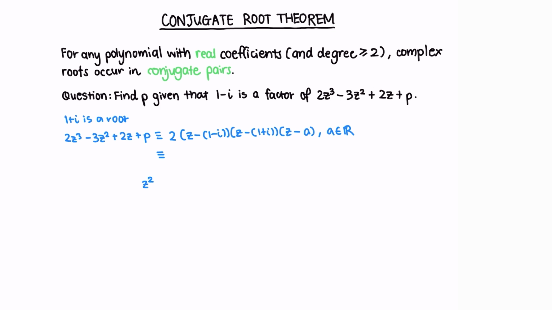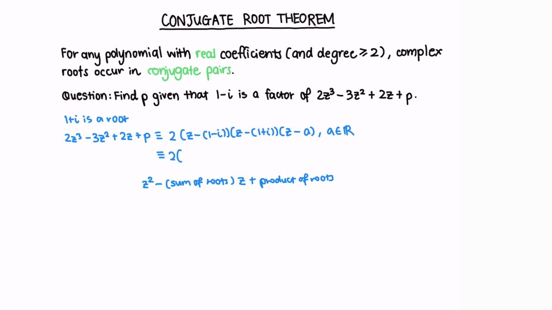You have this as z squared minus the sum of roots times z plus the product of roots. This comes from the fact that the sum of roots equals negative b over a, and the product of roots equals c over a. So let me use this fact to help us.